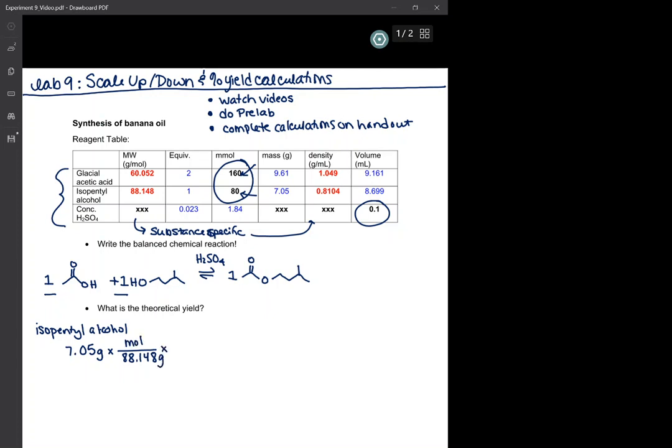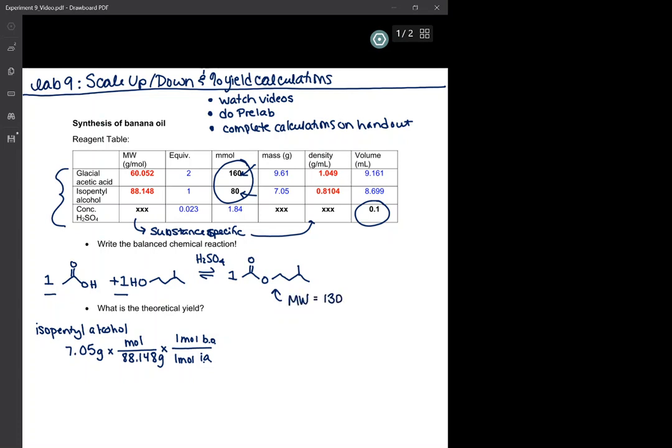All right, then we get to use our reaction stoichiometry. So 1 mole of our isopentyl alcohol, we'll just abbreviate it there, gives you 1 mole of our banana oil, okay? All right, and then we want to go from moles of banana oil to grams of banana oil. So we need to know the molecular weight of our product here.